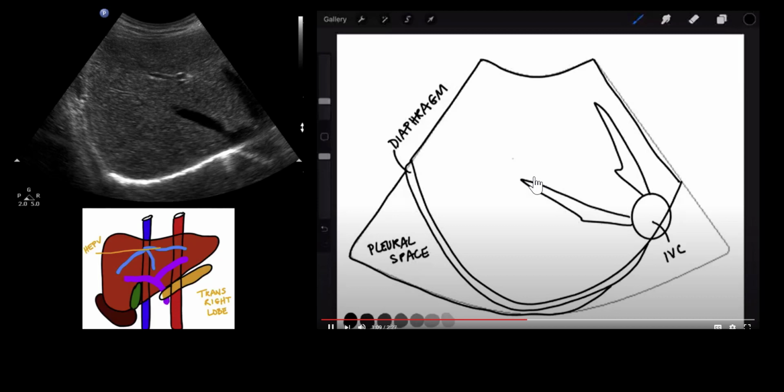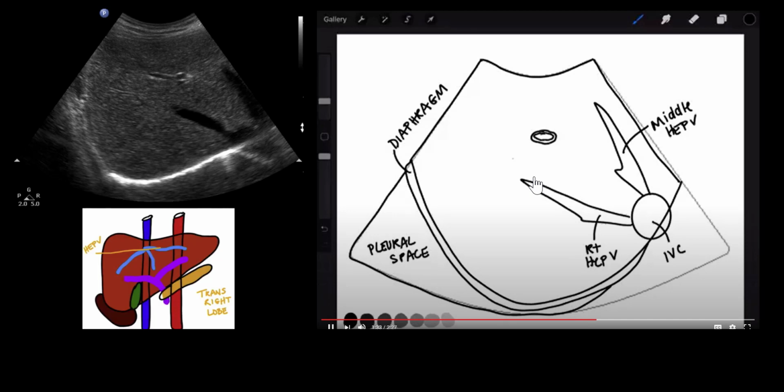The IVC is typically circular or kind of a squished circle, showing the right hepatic vein and the middle hepatic vein emptying in. Some people think this looks like a bunny sign or a reindeer sign.